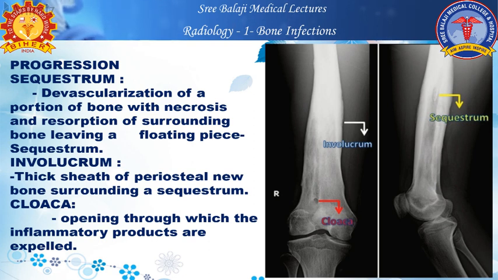There is a radiolucent defect in the X-ray showing the area of exudate expulsion from the marrow cavity into the soft tissue plane.